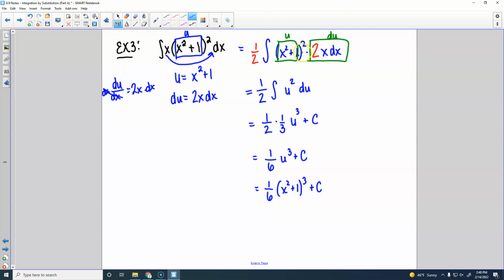So before you can integrate, you have to have a u here and the du both have to be there. And then once you have changed everything so there are no more x's anymore, and everything's in u, then you can just integrate using the power rule.